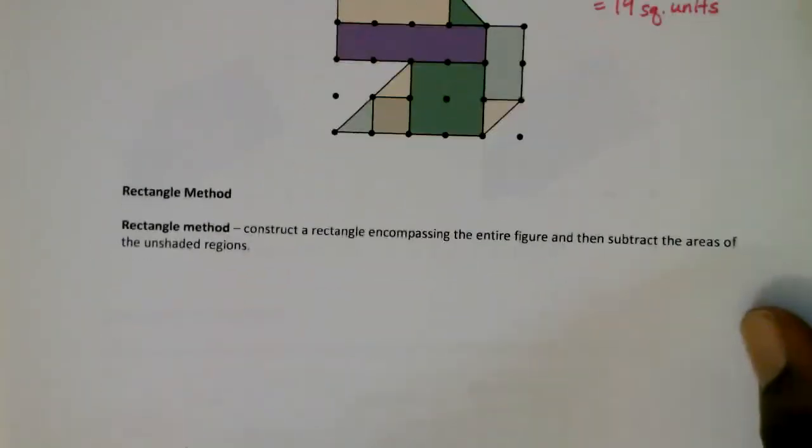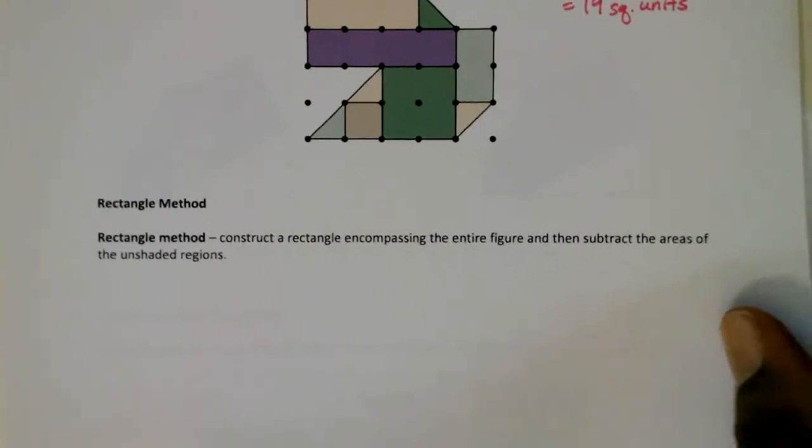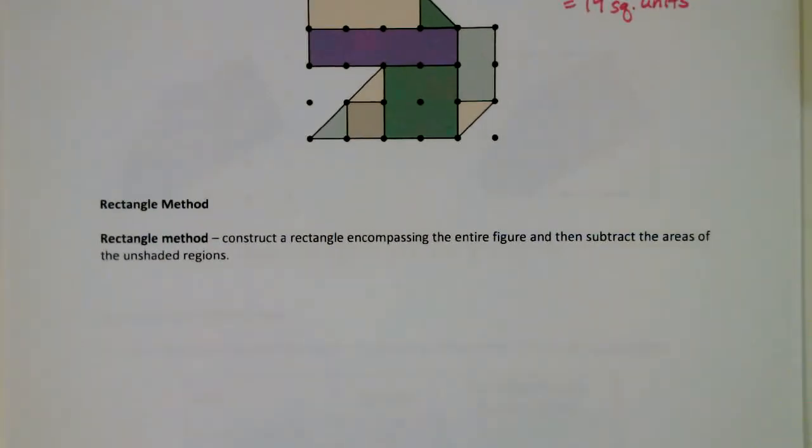All right, now the other method is the rectangle method. The one that I just did is the addition method. This next one is going to be the rectangle method. Here we construct a rectangle encompassing the entire figure and then subtract the areas of the unshaded regions.